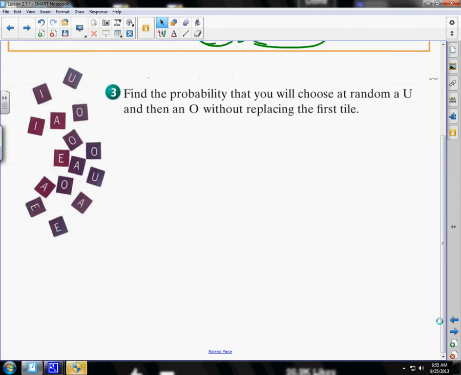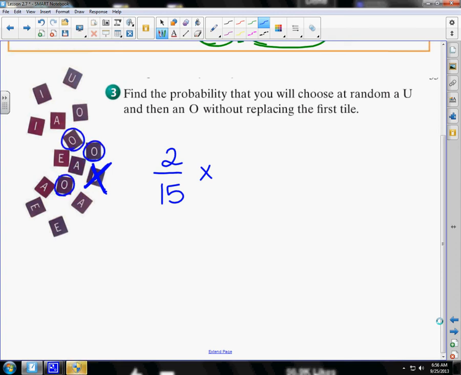So, find the probability that you will choose at random a U and then an O without replacing the first tile. My U was 2 out of 15. Now, once I pick that U, it is gone. And now I want an O, and there are 1, 2, 3, 4 out of 14, because the 1 is gone.